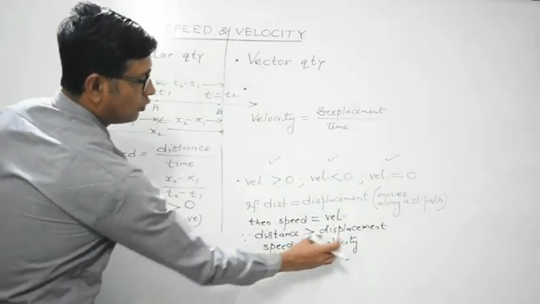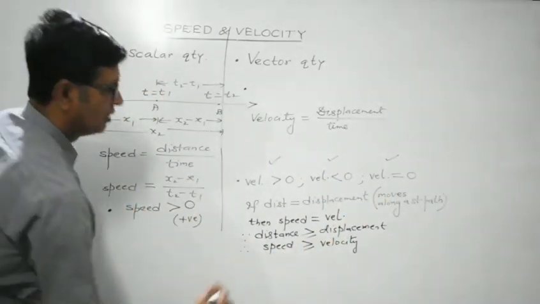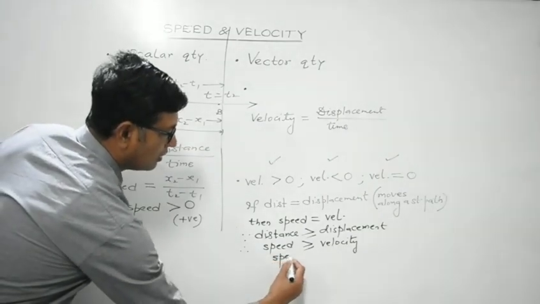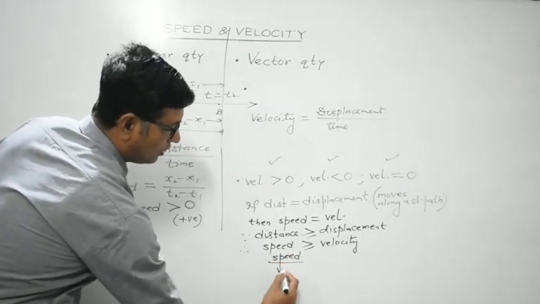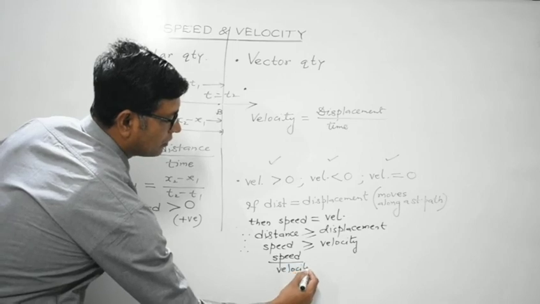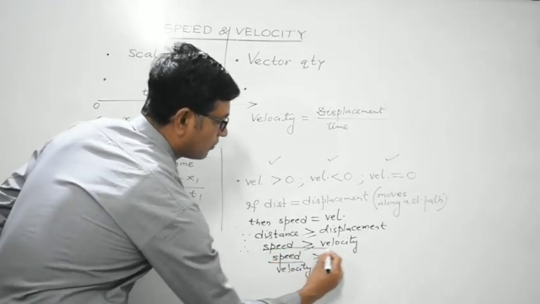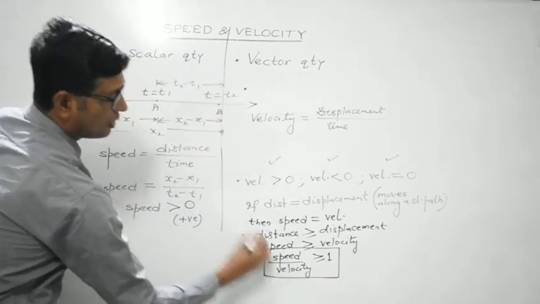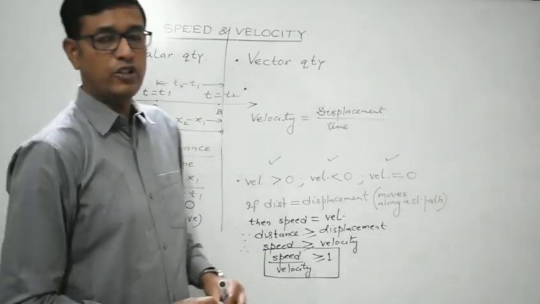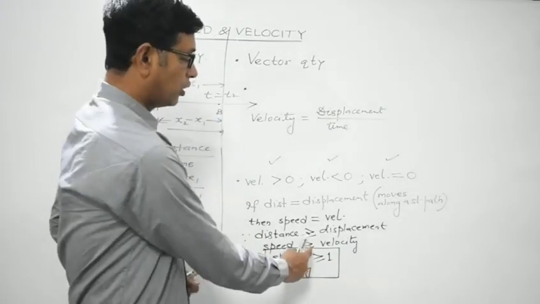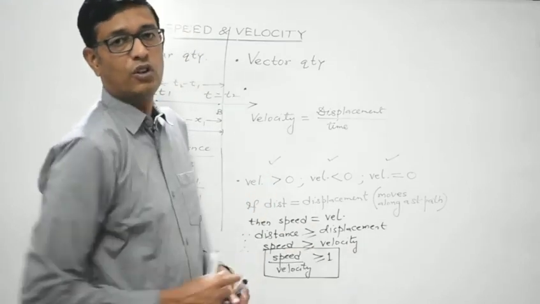Therefore, from these two we can conclude a very important statement. That is, the ratio of speed to the velocity of a body is always greater than or equal to unity. This is a very, very important expression. The ratio of speed to the velocity of a body is always greater than or equal to 1.